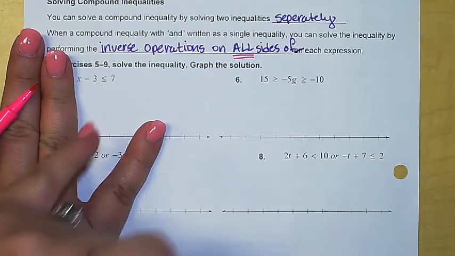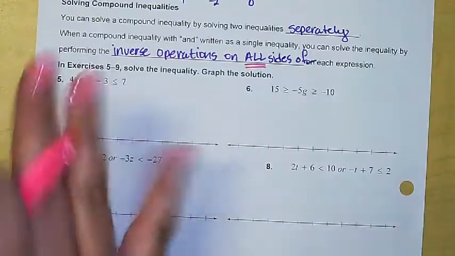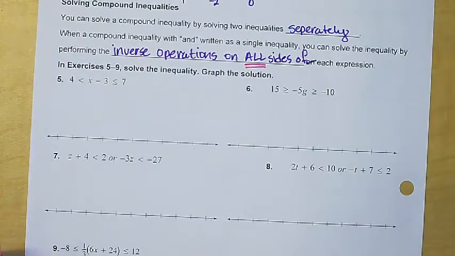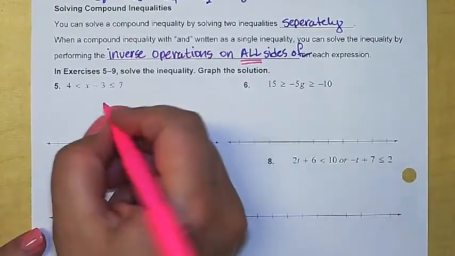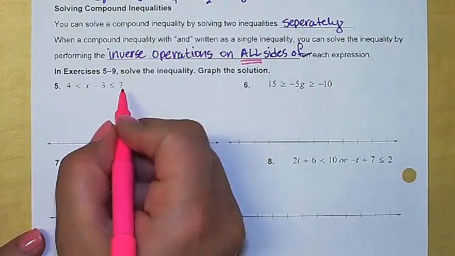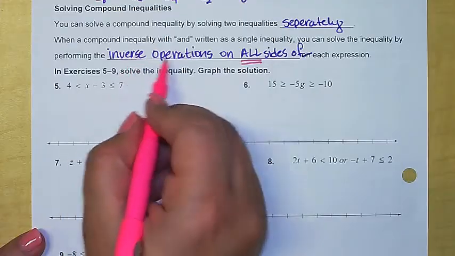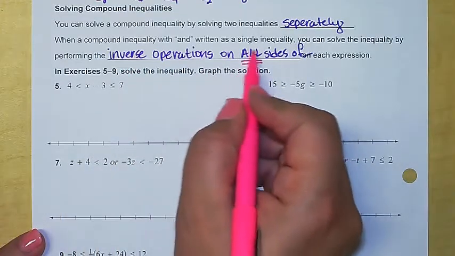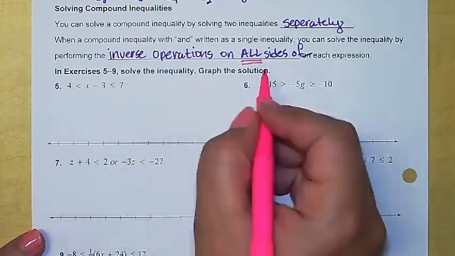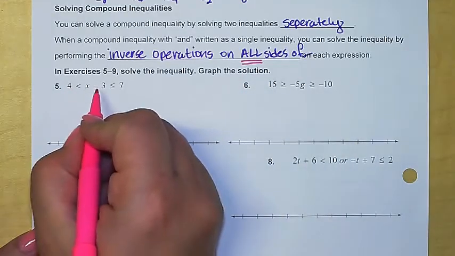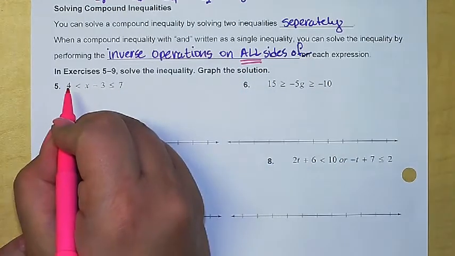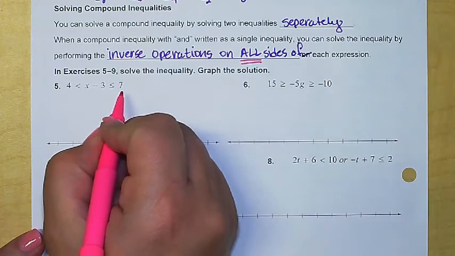I would add 3 right here and right there. So when it's written as a single one, you can just solve the whole thing together as long as you do that inverse operation on all 3 sides, right? We always say on both sides, but in this case, there's 1, 2, 3 parts to this. There's the left part, the middle, and then the right.